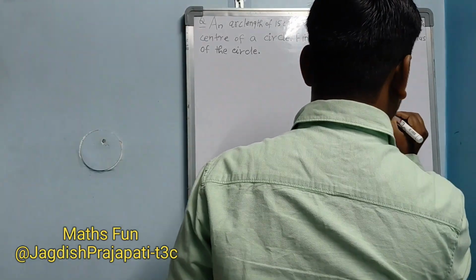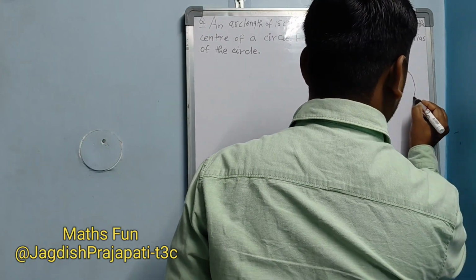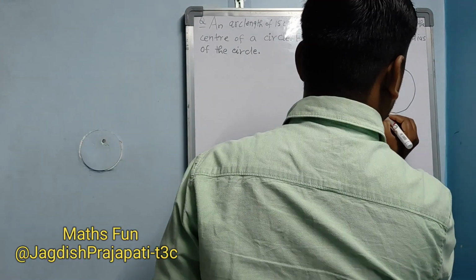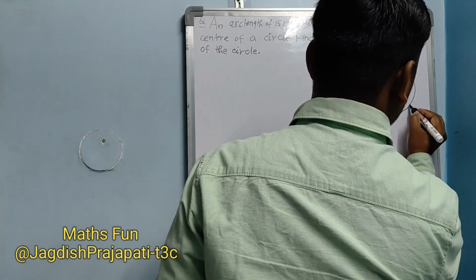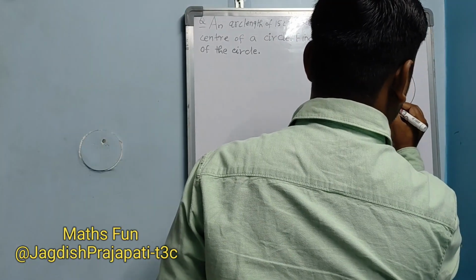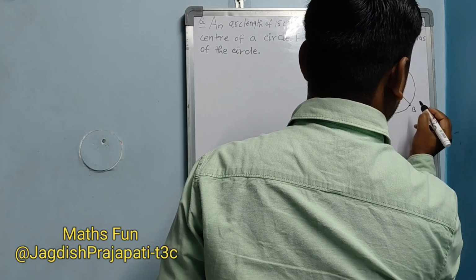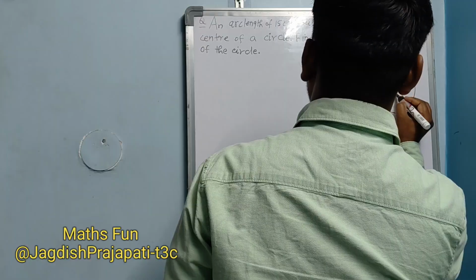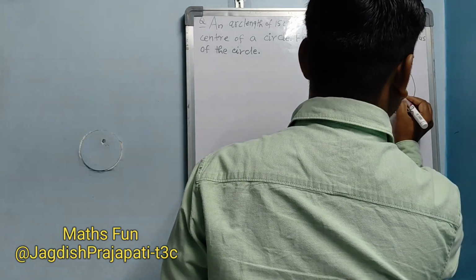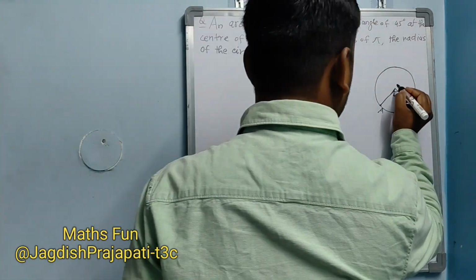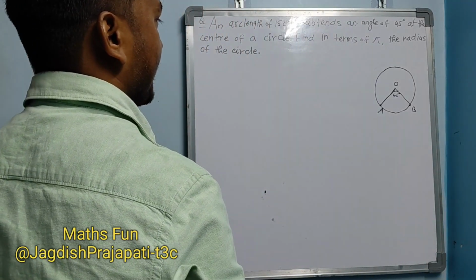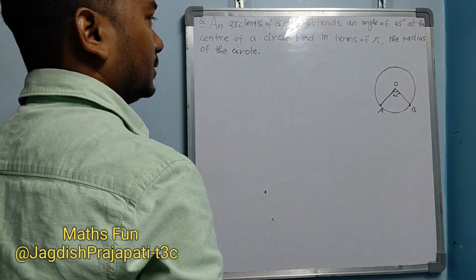So you please write down, let AB is an arc that subtends an angle 45 degree at the center of the circle O. Okay.